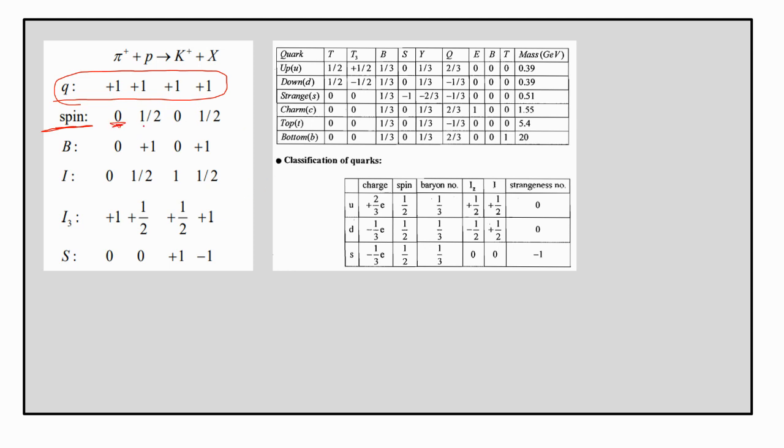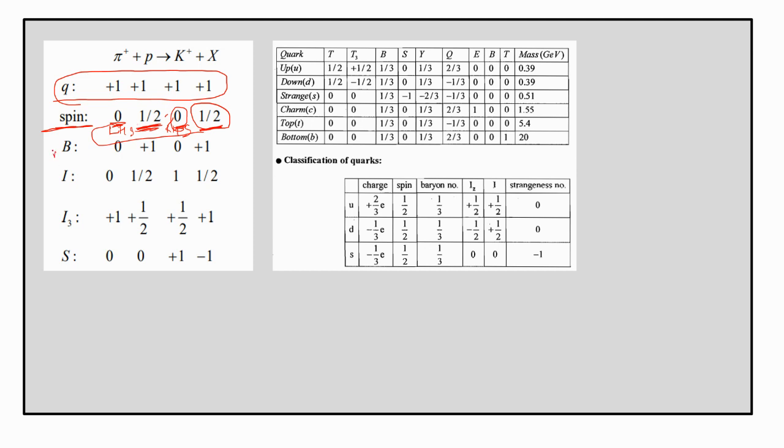It is fundamental, right? For proton it is 1/2, since we have already seen that protons come under baryons and baryons are fermions, so the spin is half integral. The spin of kaon is 0, so technically the spin of the unknown X particle should be 1/2, because the left hand side quantity should be equal to the right hand side. They should be conserved.